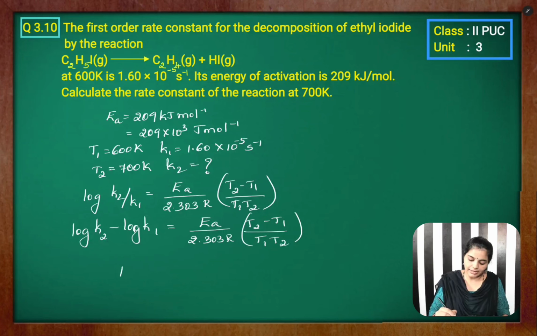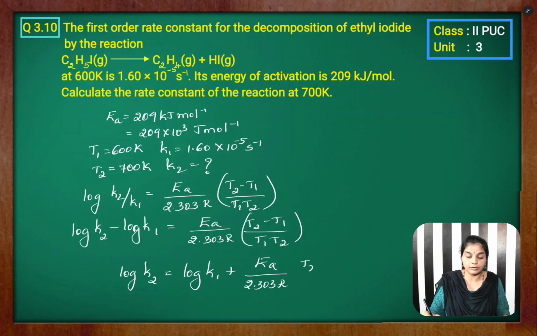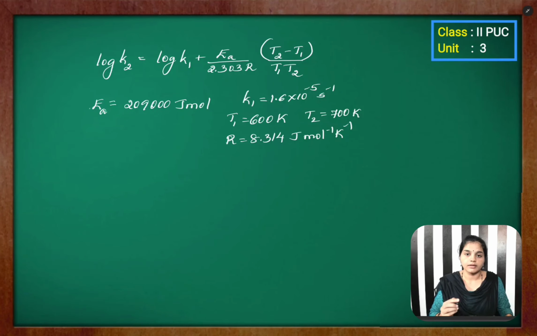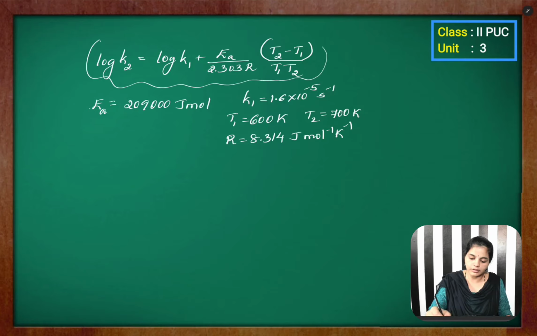Further rearranging, I can write log K2 is equal to log K1 plus EA divided by 2.303 R into T2 minus T1 divided by T1 into T2. Let us substitute all the data into the formula. Log K2 is equal to log K1 plus EA by 2.303 R into T2 minus T1 by T1 into T2.